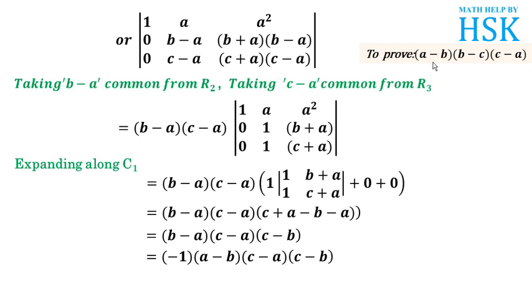So a − b is obtained. The second term is b − c. Here it is c − b, so this −1 multiplies into this bracket to obtain b − c. Rearranging the terms, I get (a − b)(b − c)(c − a), which is exactly what is required. So this proves the question.